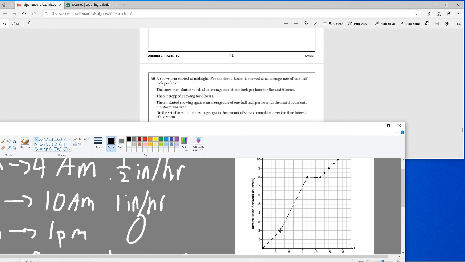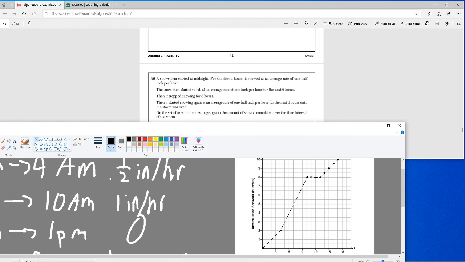Then it started to fall at an average rate of 1 inch per hour for the next 6 hours: 1 inch, 2, 3, 4, 5, 6. So for the next 6 hours, it snowed 6 more inches, accumulated, so that's why we have 8 inches now.